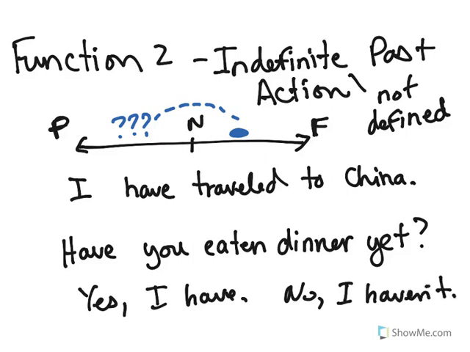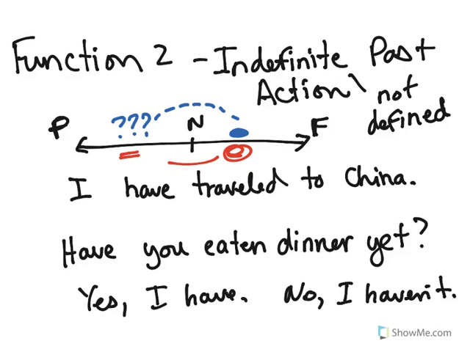But the reason that I'm using present perfect here is because I'm asking about an action that might have happened in the past, and it's connected to my hunger in the present. So an indefinite past action, doesn't matter when it happened, what time it happened. All that matters is that it's connected to what's going on now in the present.